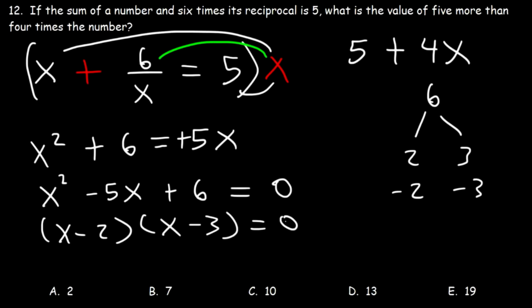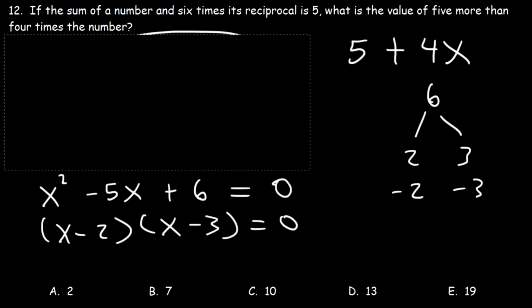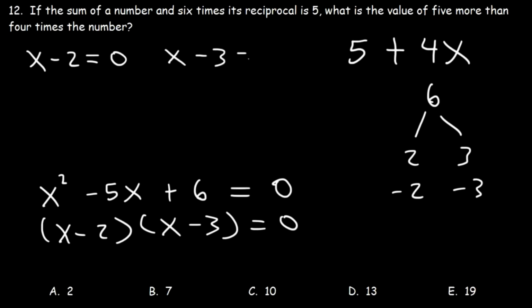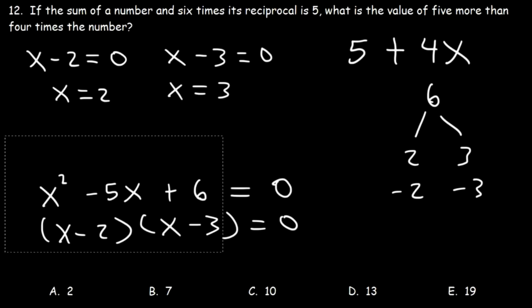So now at this point, we're going to set each factor equal to 0. So x minus 2 is equal to 0 and x minus 3 is equal to 0, which means that x is equal to 2 and 3. So we have two possible answers.